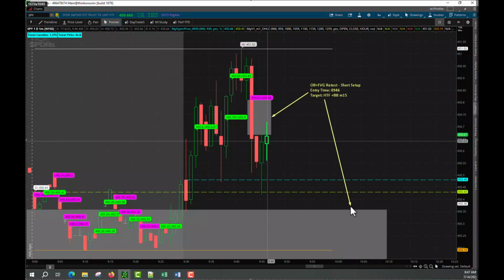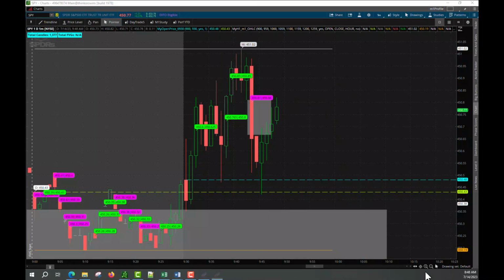That's our target right here. Wow. Got stopped out. I mean, at least our stop loss had to be here, man.